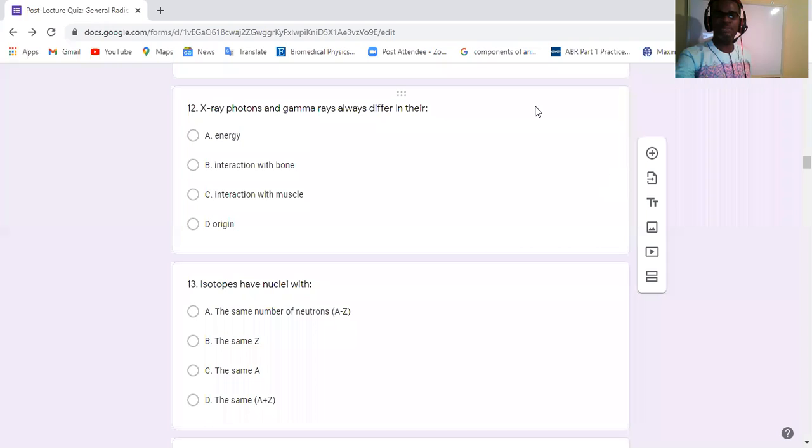But be that as it may, the answer is still D, because gamma ray essentially originates from the nucleus, whereas the X-ray here, I want to believe, is the characteristic X-ray, which originates from interactions of an electron with the orbital electron. So D is the best answer.